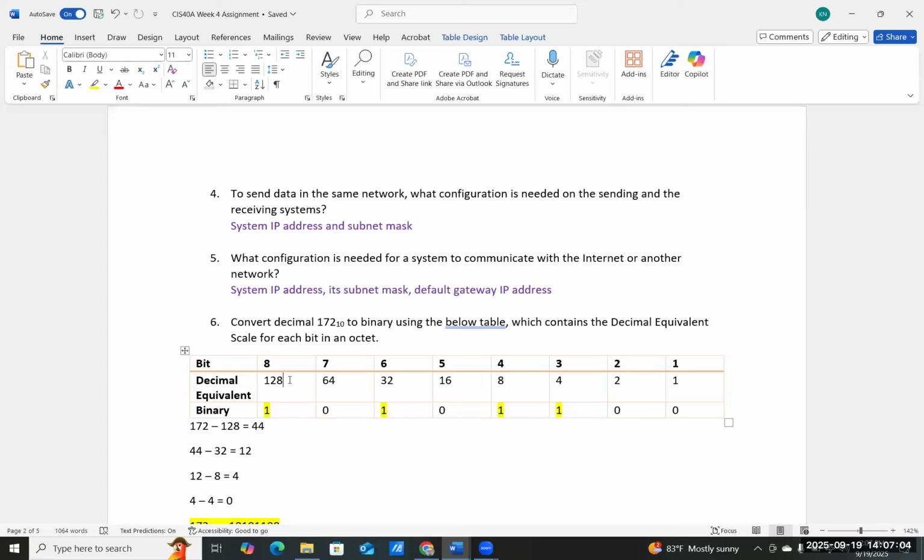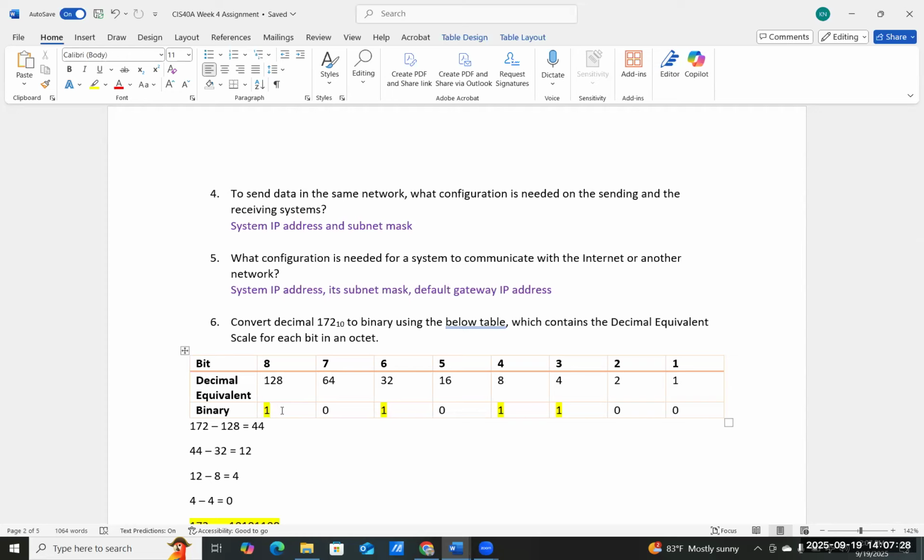So the decimal equivalent on the 8th bit is 128. So I take the 172, I subtract the highest value, which is 128, I get a 44 as a remainder. Okay. So if you can subtract that value, that bit is on. You put a 1 for that bit.